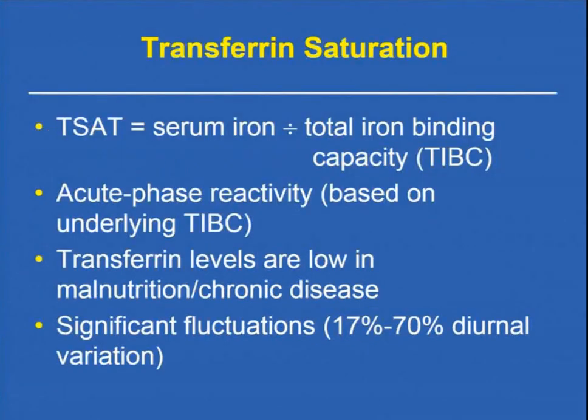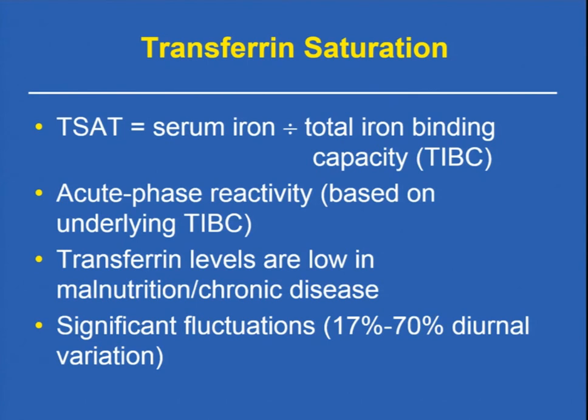So reminding you what transferrin saturation is, again, this is probably one of the most commonly used tests of iron status. It's the serum iron divided by the total iron binding capacity. Most of that iron binding capacity in the circulation is transferrin. As you also are probably aware, there is some acute phase reactivity based on this transferrin level.